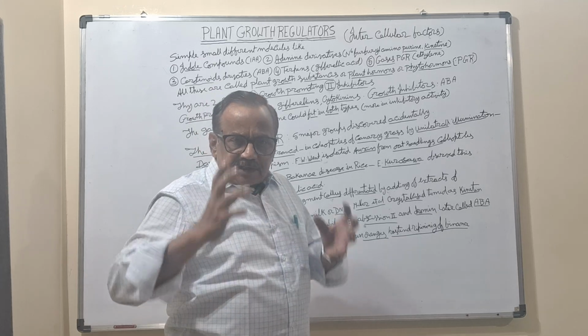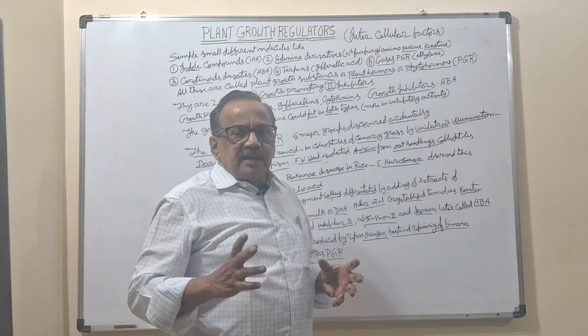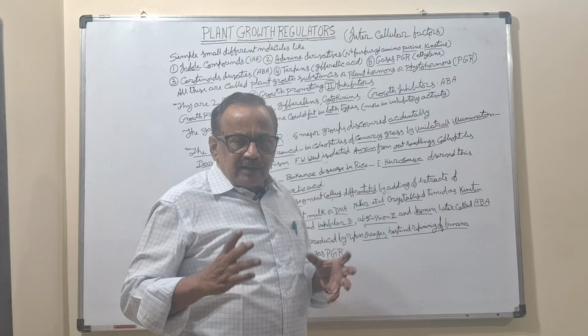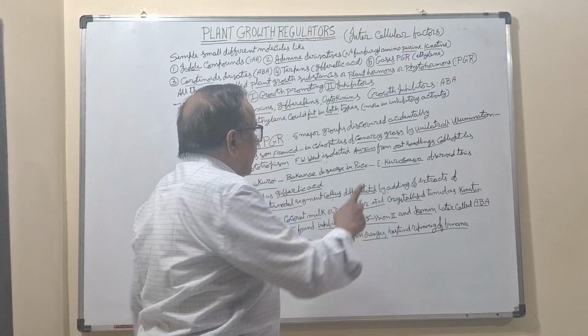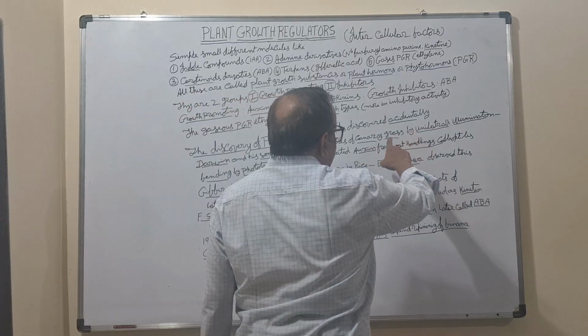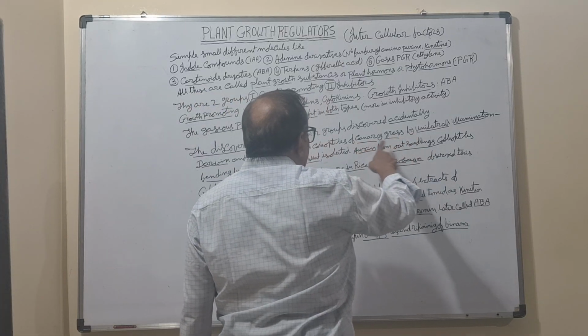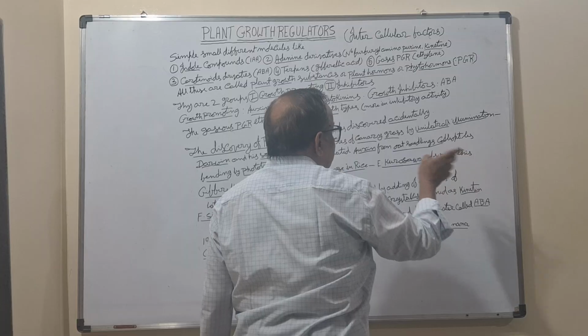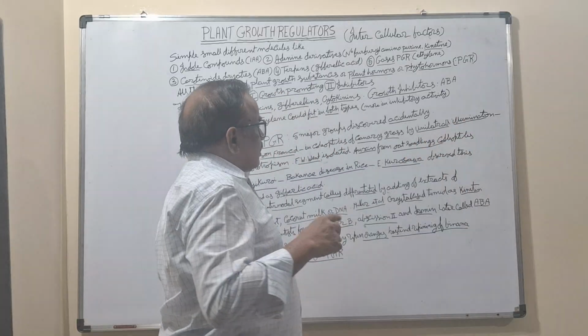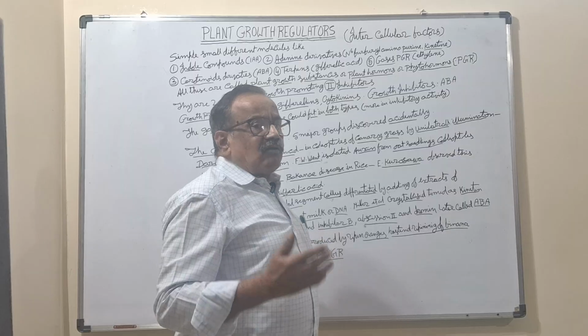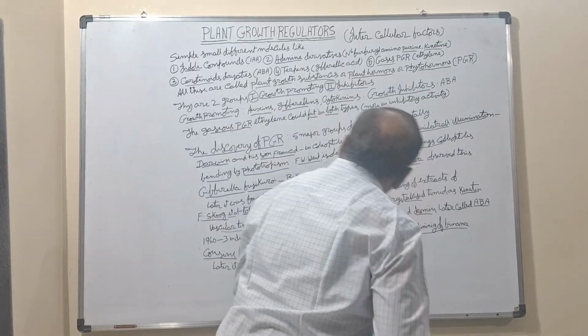They were conducting one experiment. In that experiment, they covered a potted plant completely, and what is that plant name? Canary grass. This is also important. And unilateral illumination. What is unilateral illumination?